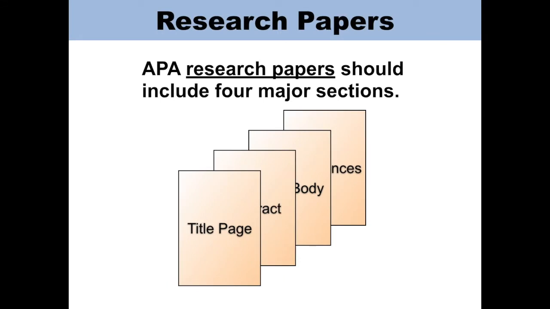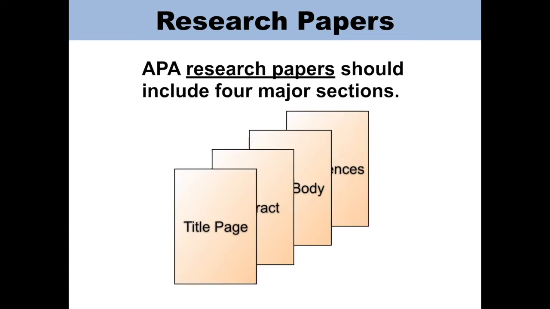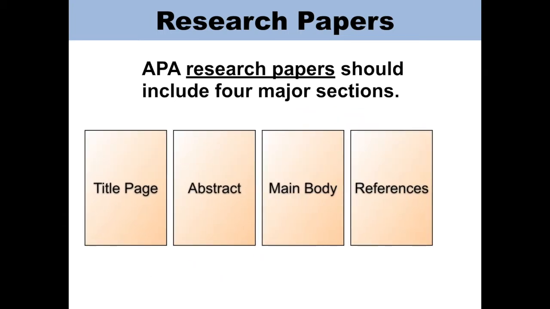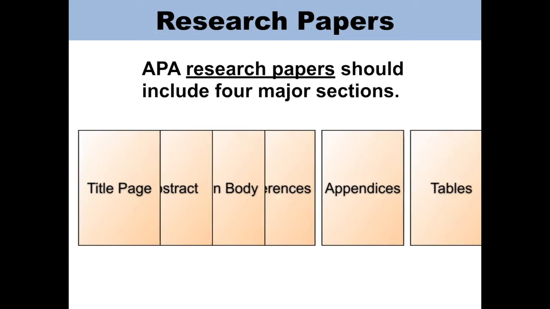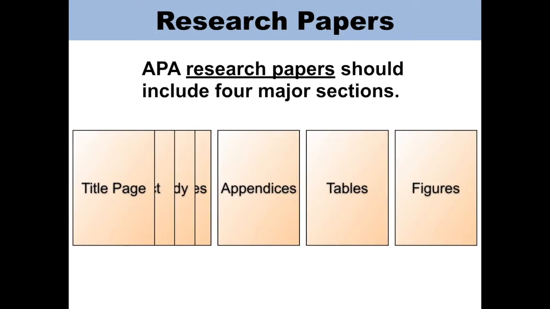Research papers contain 4 sections: the title page, the abstract, the main body, and the references. They may also contain appendices, tables, and figures, which are added at the end of the paper.